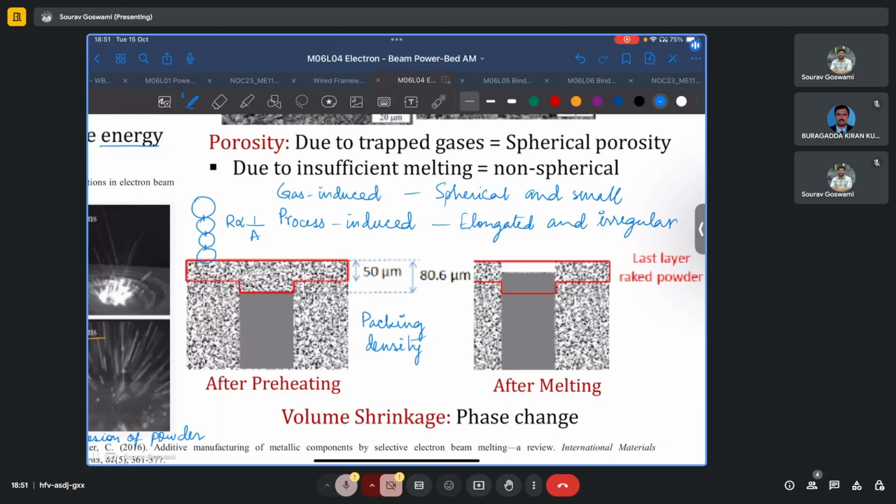However, when the melt pool freezes back again, the entire volume is now solid. However, if the packing density is low and there is a large fraction of voids, we can observe the volume shrinkage as shown here in the second diagram.